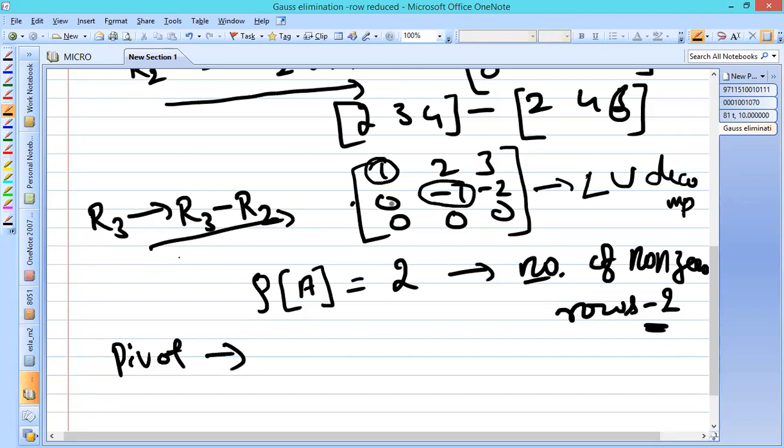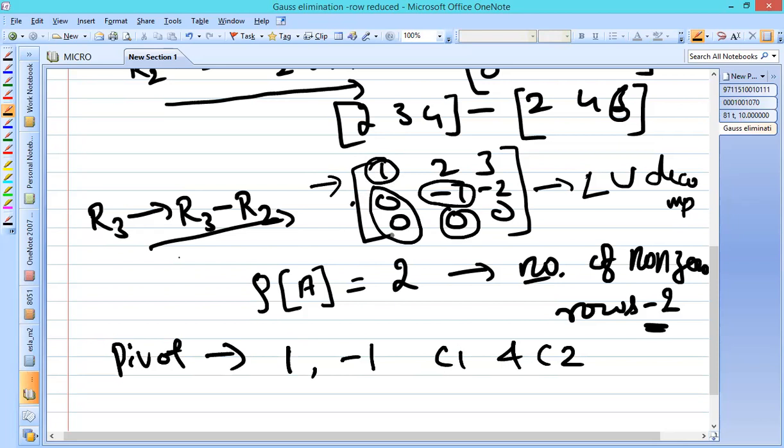Also we have to check another condition: under each pivot we should have a column of zeros. You can see that we have a column of zeros. So the corresponding pivots are 1 and -1, and the corresponding pivot columns are C1 and C2, column 1 and column 2.